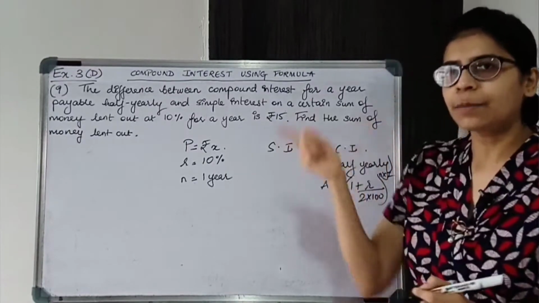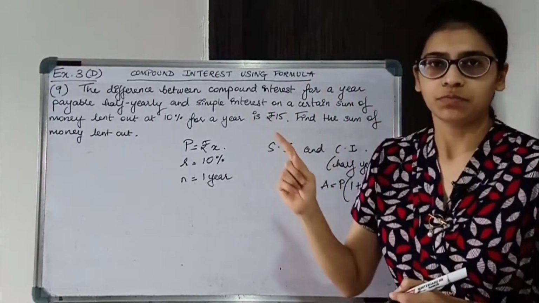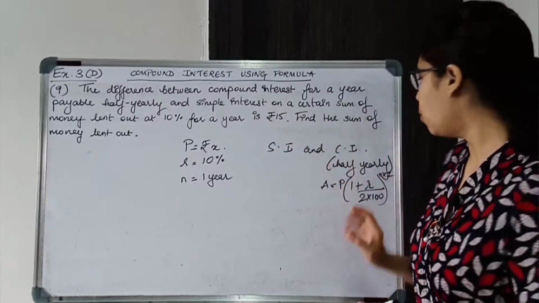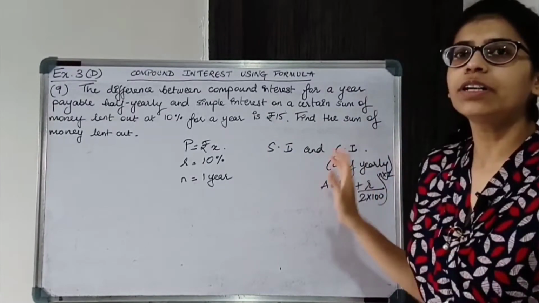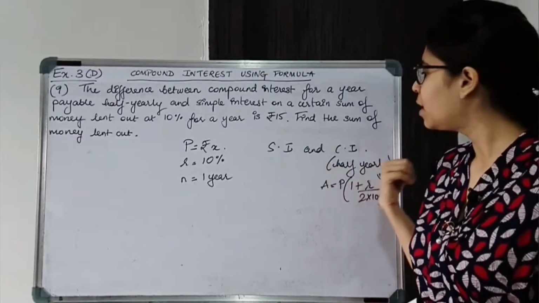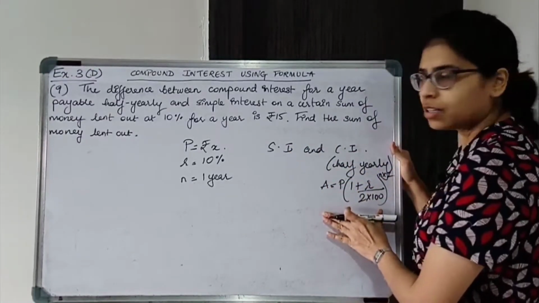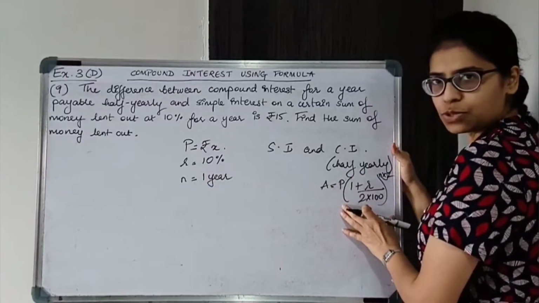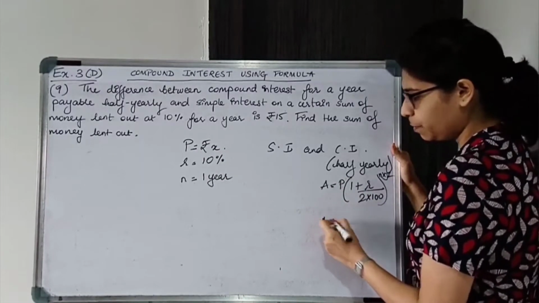You divide R by 2 and multiply N by 2. So don't forget this part, don't take the other normal formula. You have to modify the formula. Just substitute the values and you will get the value of amount.